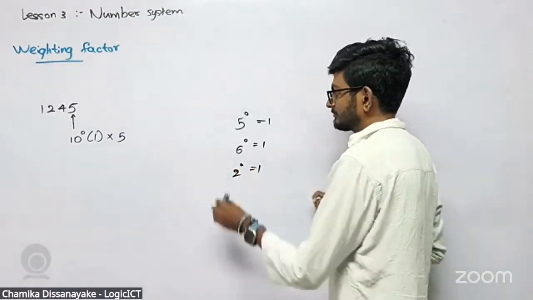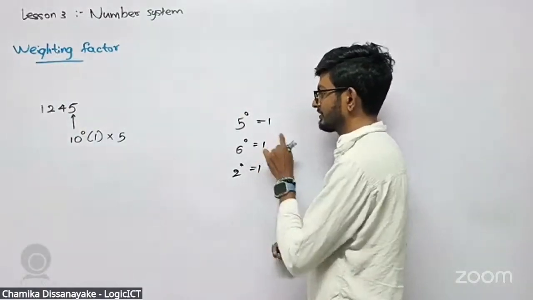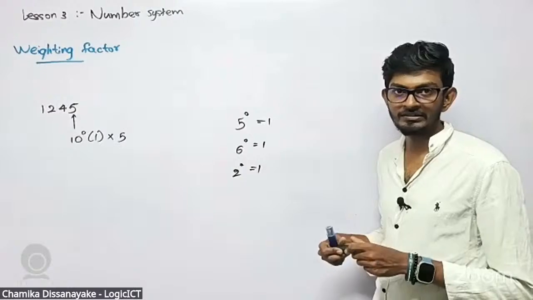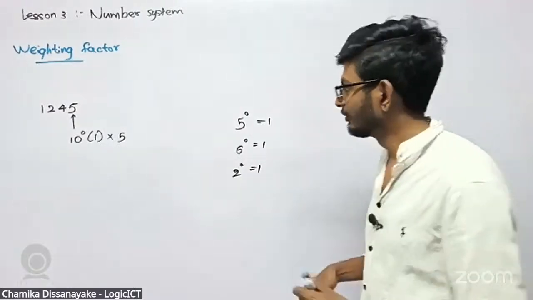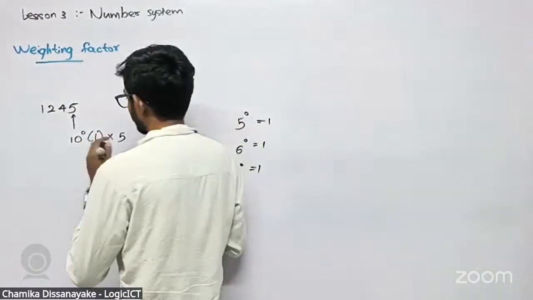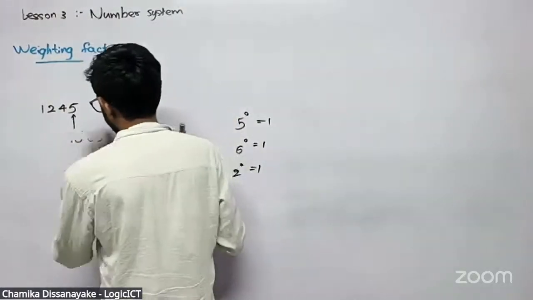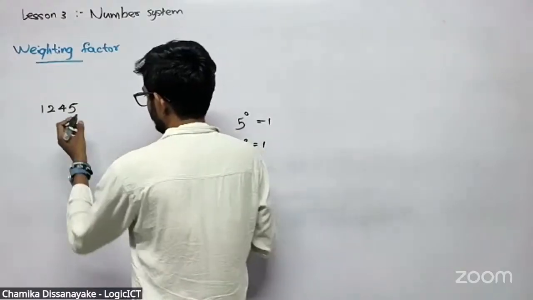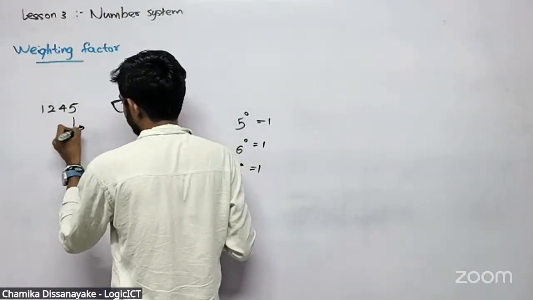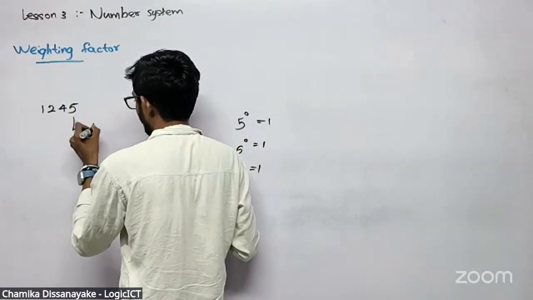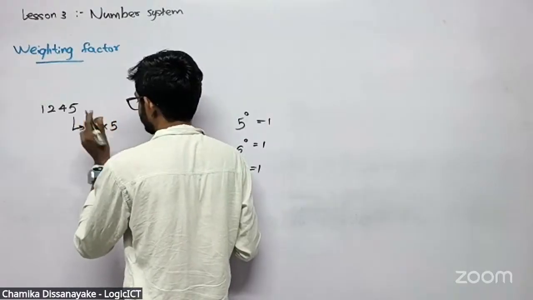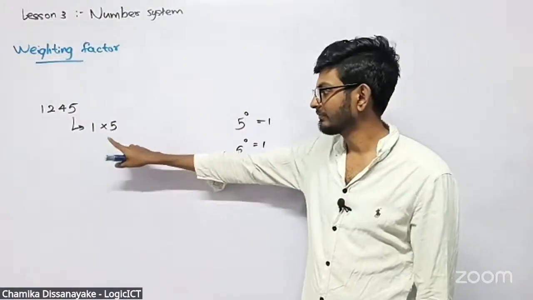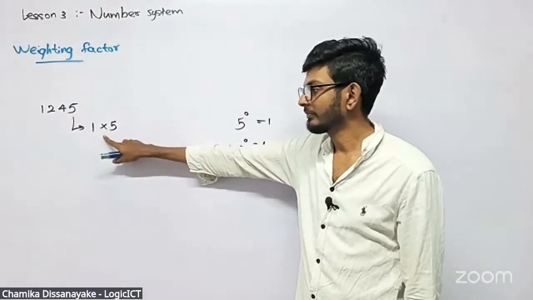Any number to the power 0 is equal to 1. Learn the theory. So here, this 5 can be made by 1 multiplied by 5.